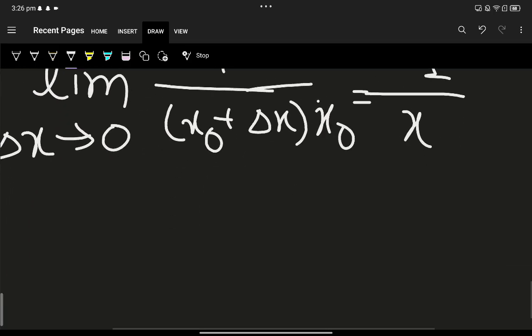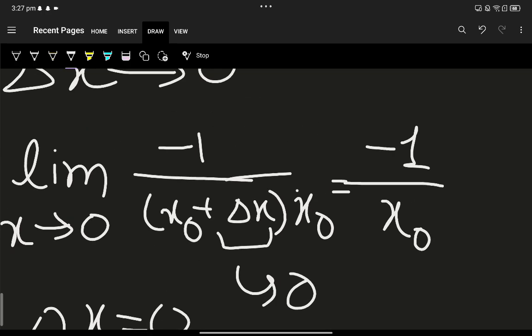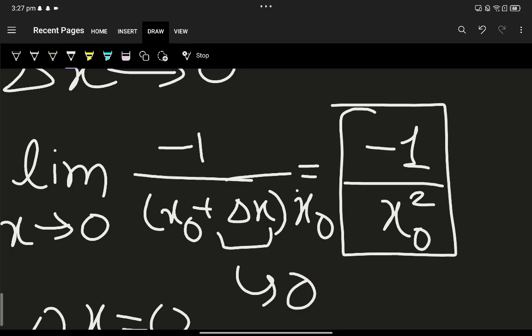So here we put delta x equal to 0, so this term right over here will be 0, and it will be x naught into x naught, that is x naught square, and the final answer, so the final derivative of the function 1 by x will be what? It will be -1 by x naught square.